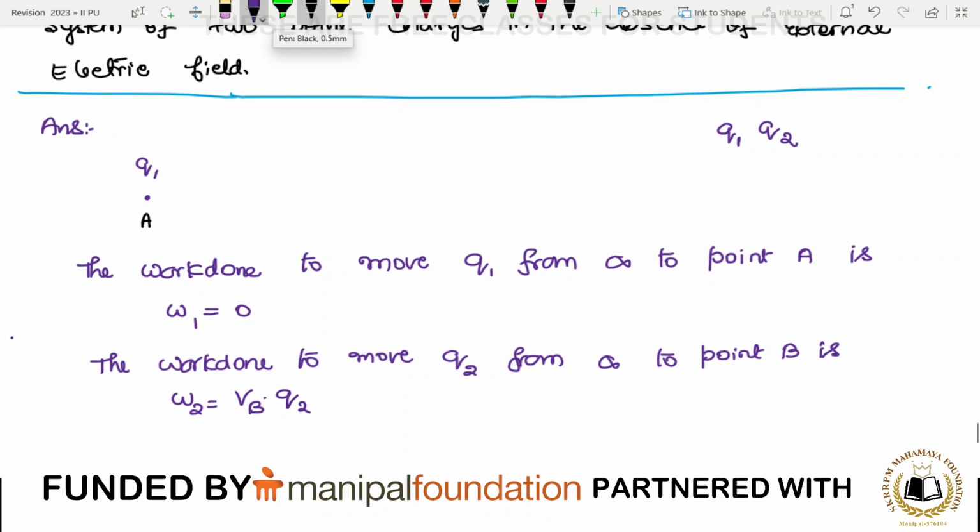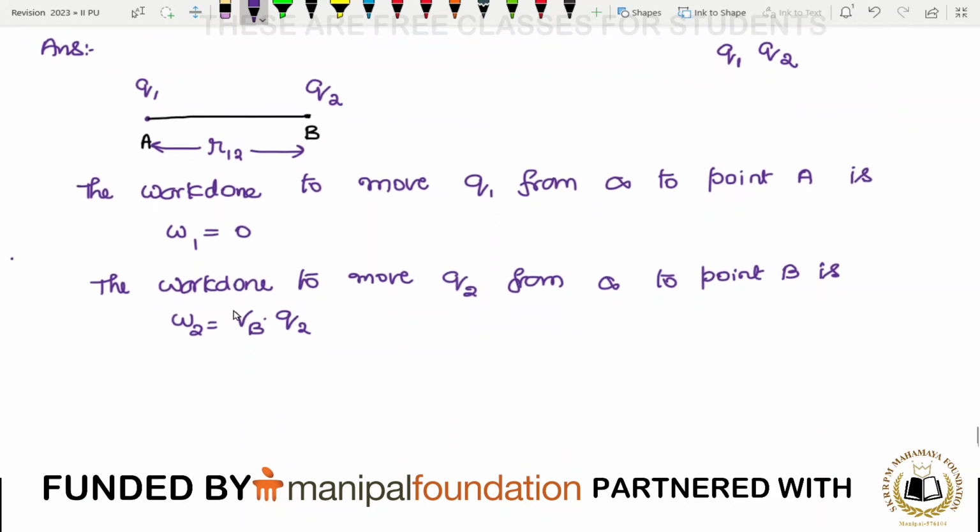What is the meaning of this? I want to bring the charge Q2 to this point. Now what is the distance between these two? That distance I'll write as R12. Or you can just write R also, no problem.